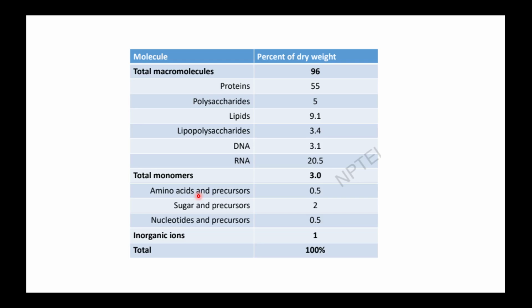Amino acids join together to form proteins, sugars join together to form polysaccharides, and nucleotides join together to form DNA and RNA. Other than that, 1% is composed of inorganic ions.